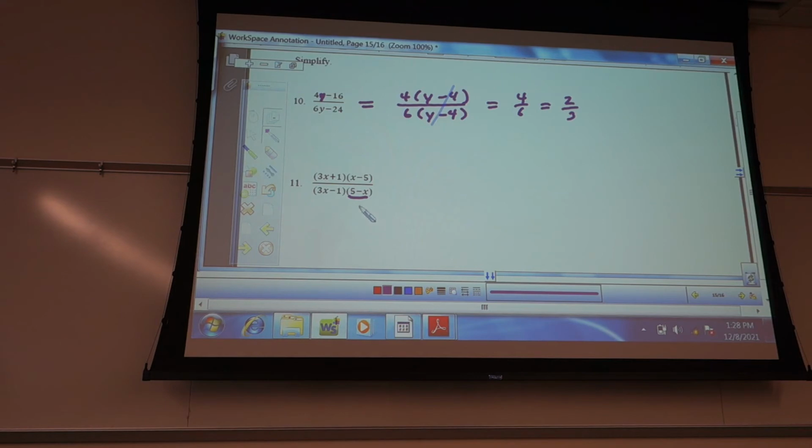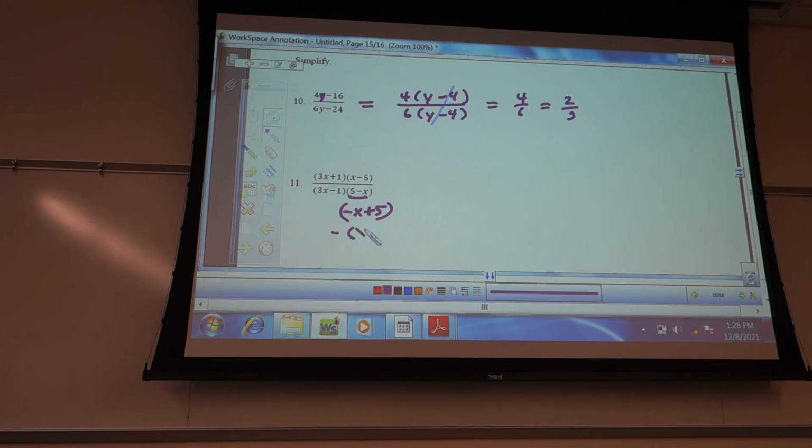I don't know why my x is not in the front. So I'm going to rewrite this: negative x plus 5, because the x should be in front. But my x is negative, so I can factor out a negative out of this. Does everyone understand what I'm saying? If I factor out a negative, what would I get? Negative 1 times what?